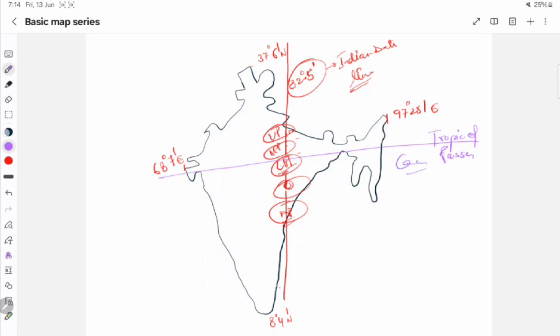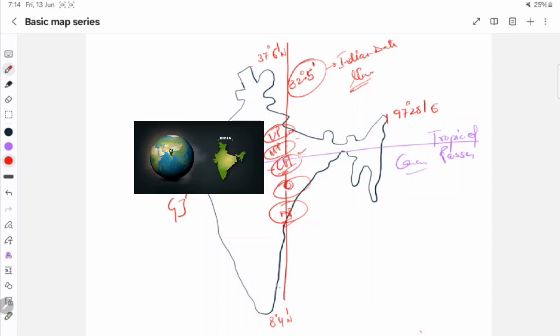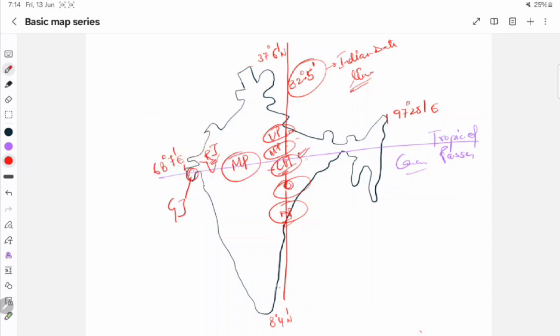Starting from the west, this is Gujarat. Here we have an extension of Rajasthan, so Rajasthan as well. Here we have entire MP. Then of course we have Chhattisgarh. Then we have Jharkhand here, West Bengal over here.